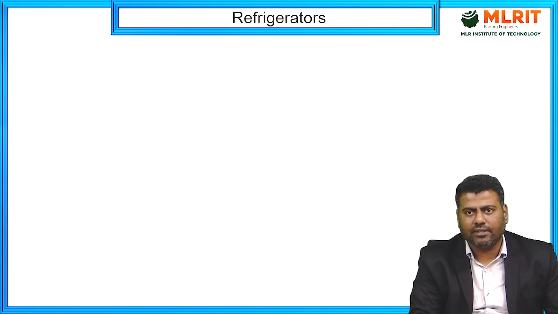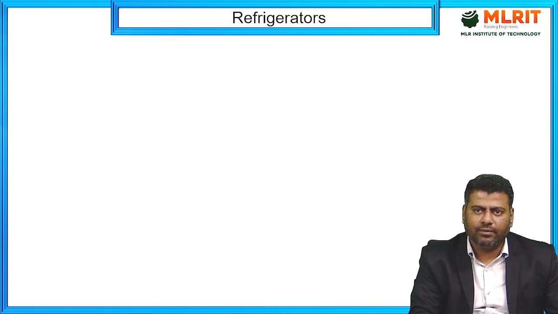See, the next one is refrigerators. I said a heat pump or a refrigerator. Both functions are the same, but the desired effect we require is different. For the refrigerator, consider the refrigeration we have in our day-to-day life, at home.